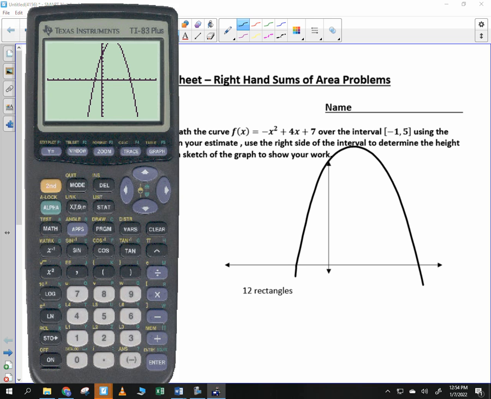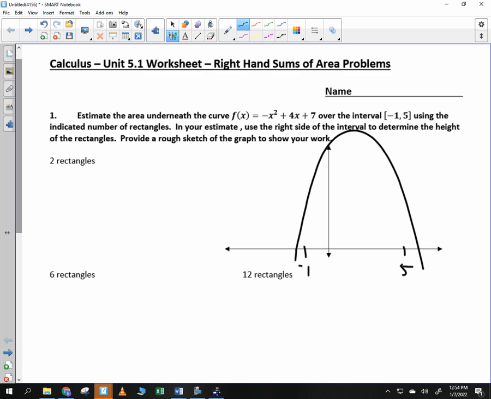Where are we bounding it? Over what interval? -1 to 5. So what's the width of that entire interval? 6 units is that entire interval. We would like to start to estimate this area by making how many rectangles? 2. If there are 2 rectangles, what's the width? 3.